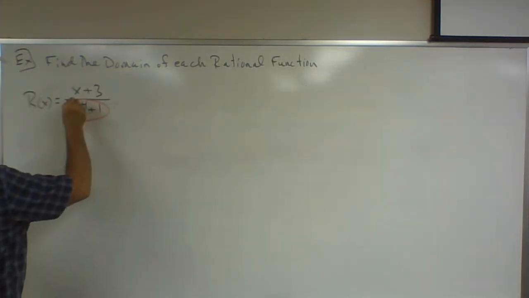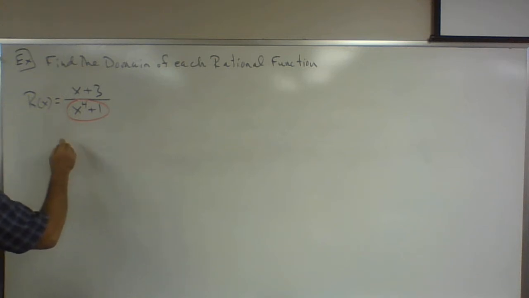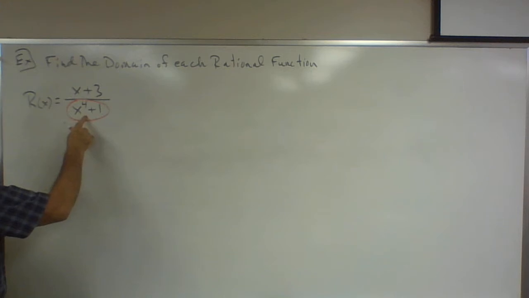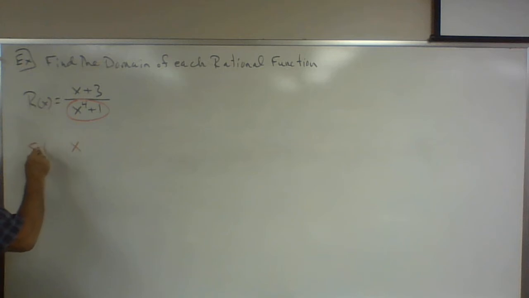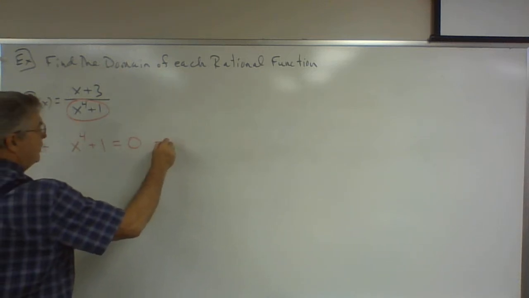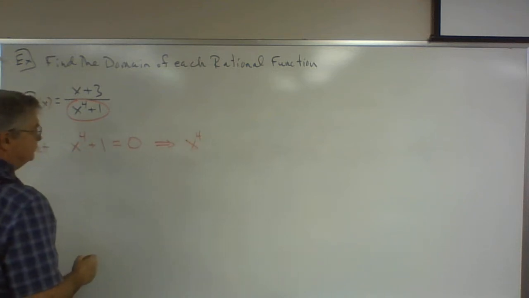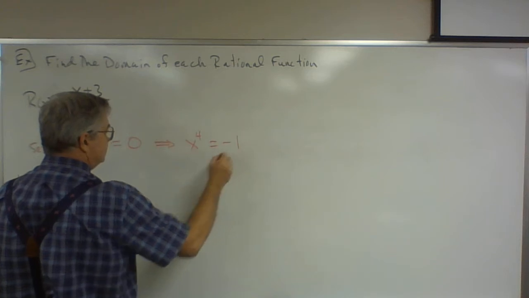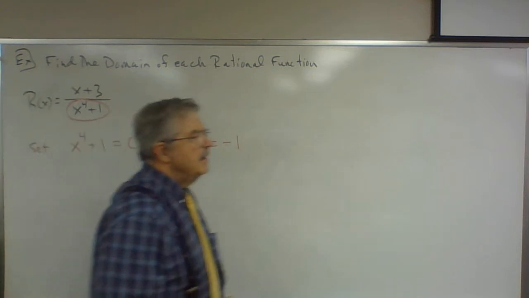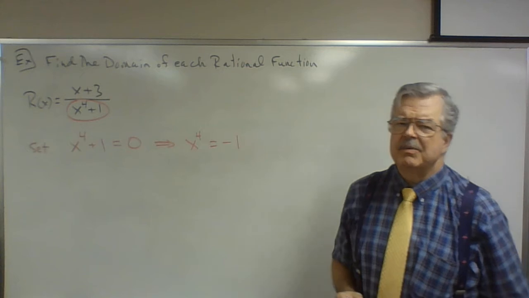So let's look at the denominator and see if there are any x values that make this denominator equal to 0. And we get x to the 4th power equals -1.